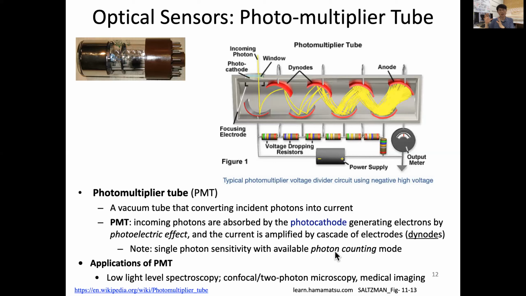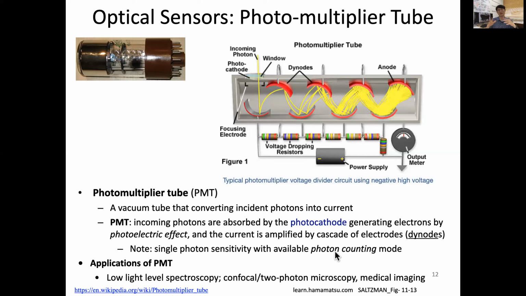This photon counting mode is very useful in very low light condition experiments. Then each single photon can be separated, and noise in the middle can be eliminated by comparison with a threshold.